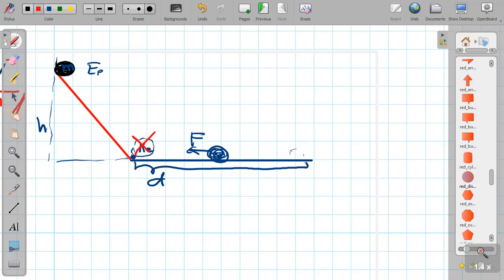But you don't want to use kinetic energy because, according to conservation of energy, potential equals kinetic energy as well. So you don't want to take this one as an intermediate. So you can get EP equals work done. What is the EP? mgh equals FD.